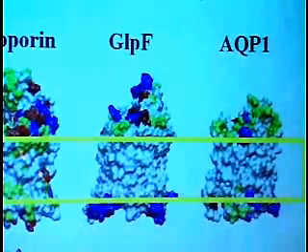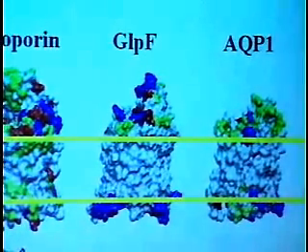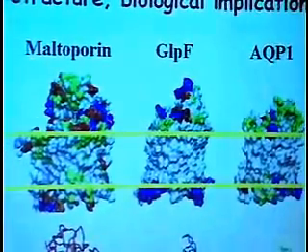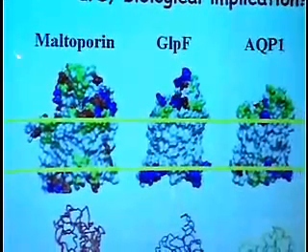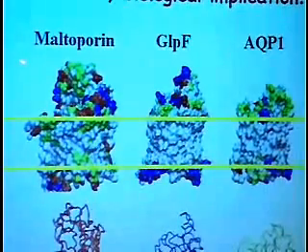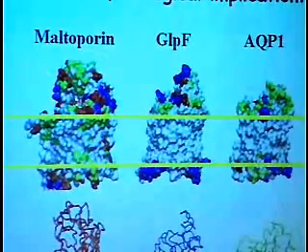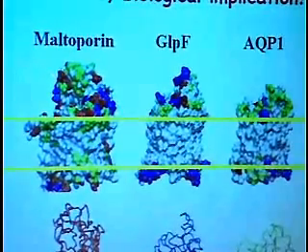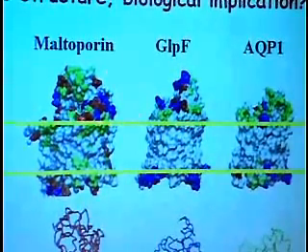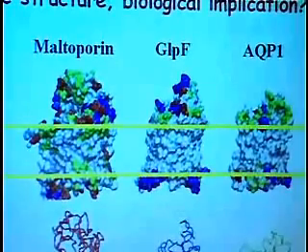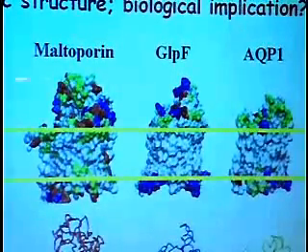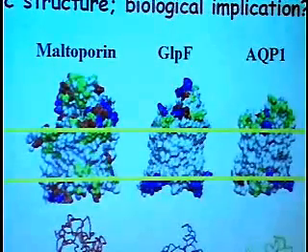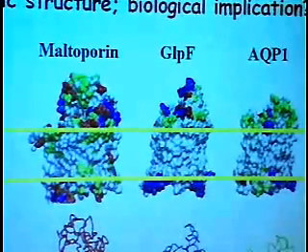But if I look at another porin, then I see that in maltoporin, I have a huge domain outside the cell, always outside the cell, and that makes it interesting. So this is a passive channel. Again, this is one of those porins that we discussed in the introduction section, and you can see that you have this asymmetric structure much, much stronger than this one. And maltoporin, again, is responsible for uptake and facilitating transport of sugar molecules across the membrane.